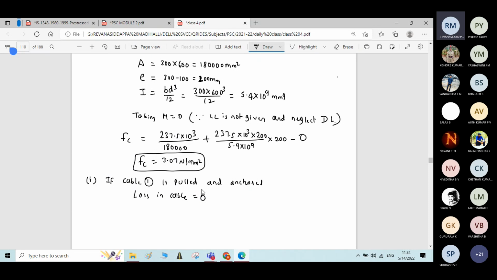Why is it 0? When cable 1 is pulled and anchored, whatever loss actually happens, the initial pre-stress is considered after that loss only. Therefore loss in cable 1 is 0.